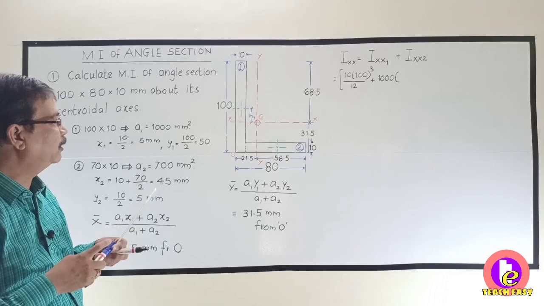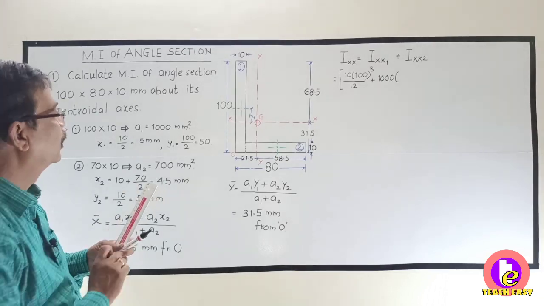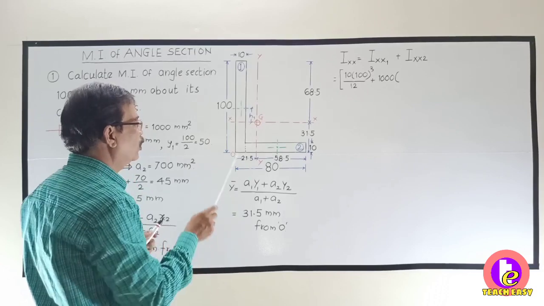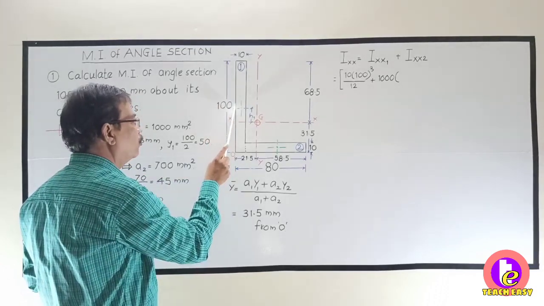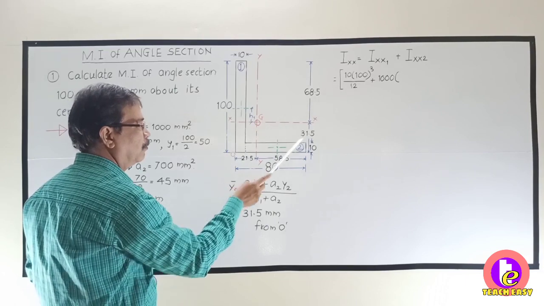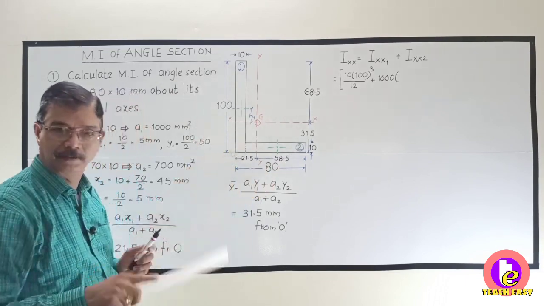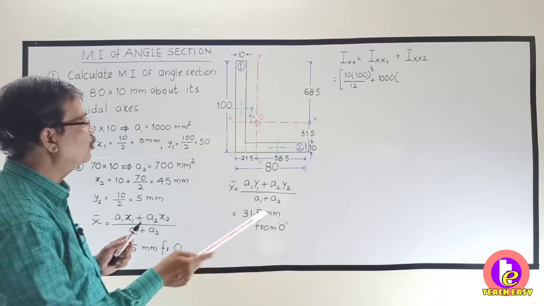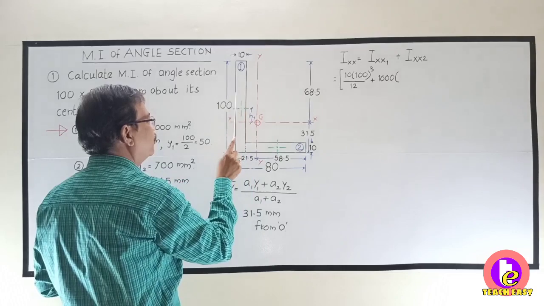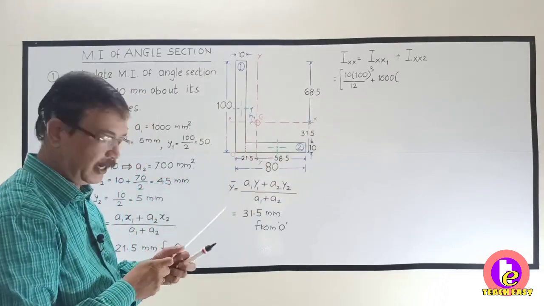So tell me what will be this value h1? See, look here. This is 100. So how much is this distance? 50 minus 31.5. Or you can do it as 68.5 minus how much is this distance? 50.